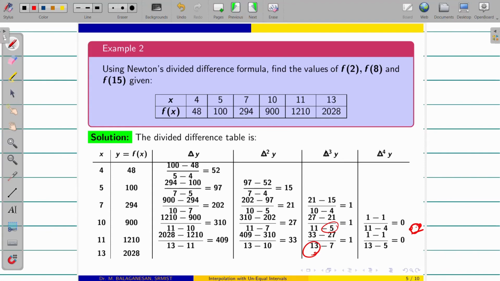Yes, that's it. The formula is going to vary. Apart from that, everything will be similar here. First value of x is x naught. First value of y is y naught. Then divided del y naught will be this, divided del square y naught will be this, divided del cube y naught will be this.